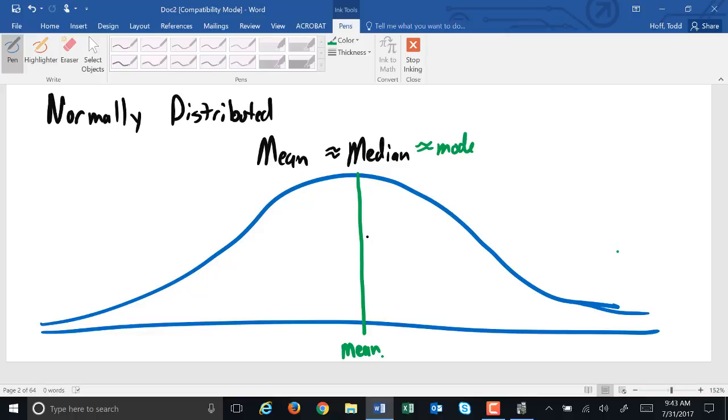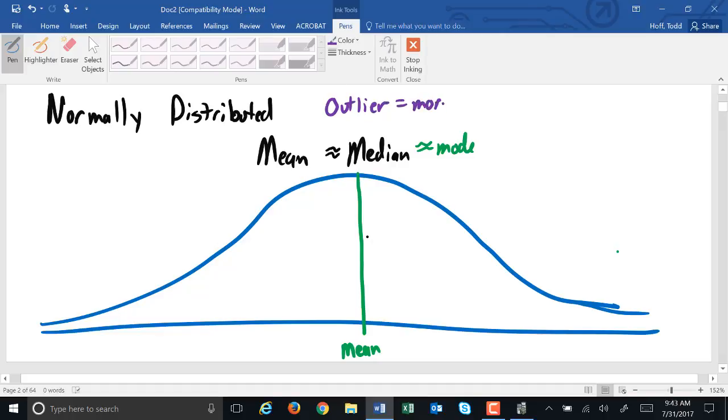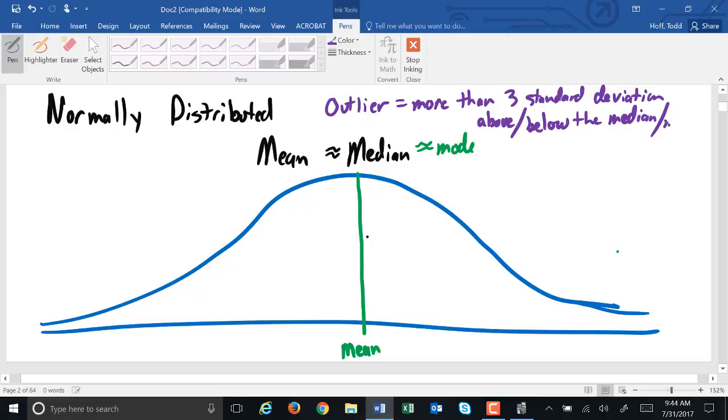Another way of defining an outlier is more than 3 standard deviations above or below the median or mean.